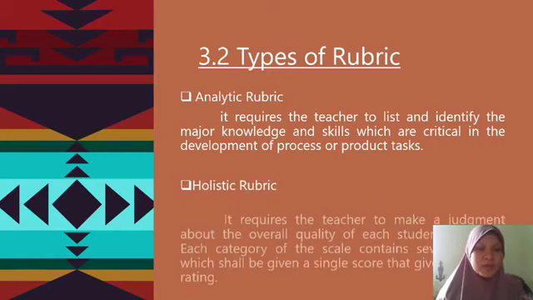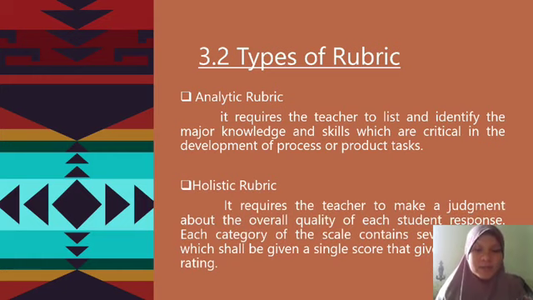The holistic rubric requires the teacher to make a judgment about the overall quality of each student response. Aside from the given definition, holistic rubrics also allow a teacher to assess students' overall performance on an activity or assessment based on a single scale using predefined achievement levels.